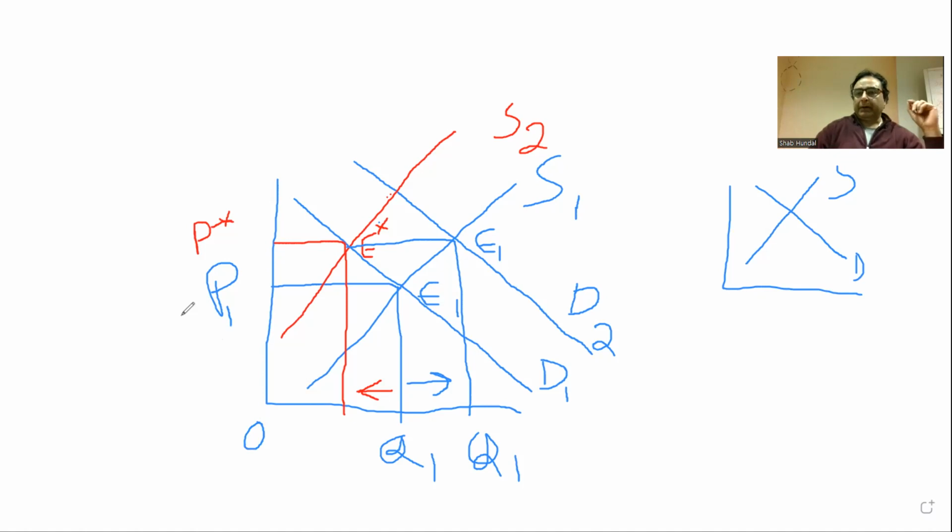But there can be two types of disruptions. The one disruption is that the demand moves up, which means it becomes D2. Supply remains S1. The equilibrium is now not E1, but E2. There is a price OP star, which is higher than OP1.